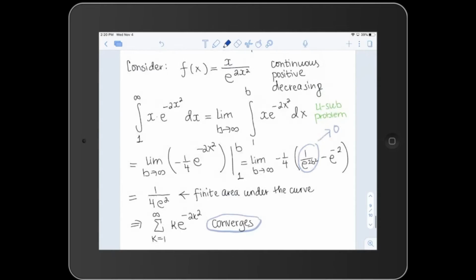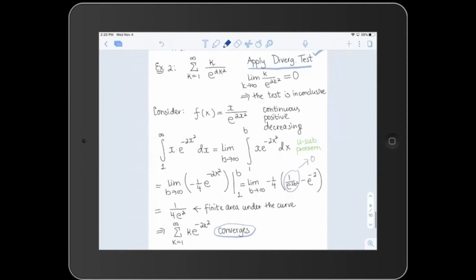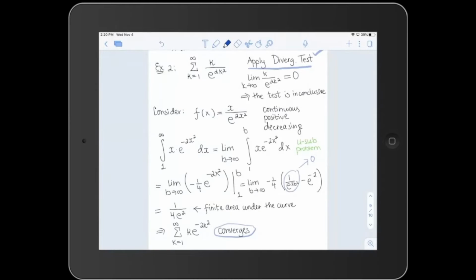Let me project the entire solution. There you go. We applied the divergence test first. It doesn't quite work out. So what is the other thing that we can apply? It is natural to go to the integral test. It is natural to use that because we know how to integrate functions.